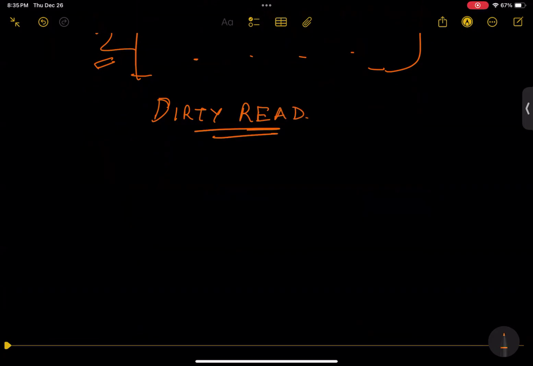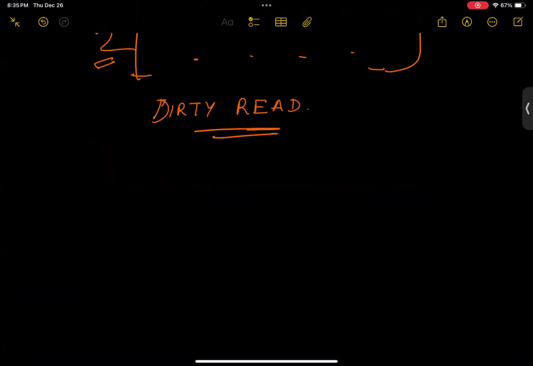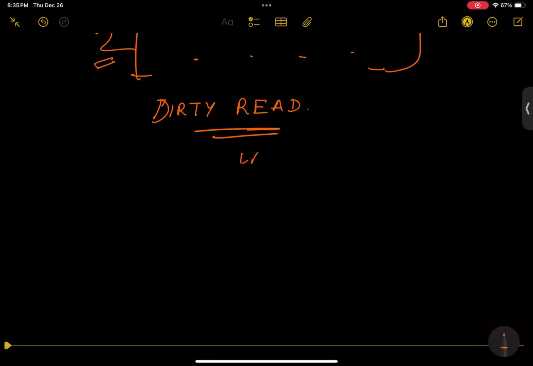If isolation is not done properly, then basically you run into dirty reads. Dirty reads are nothing but data which is uncommitted.